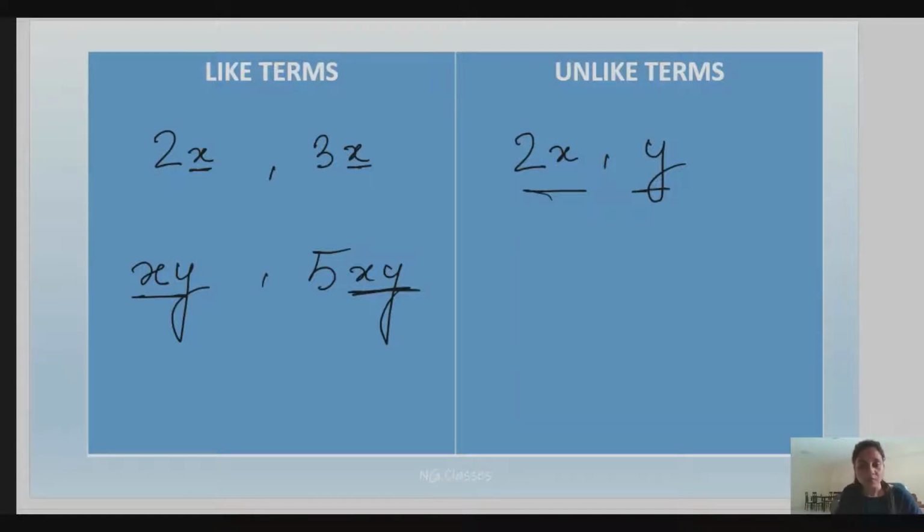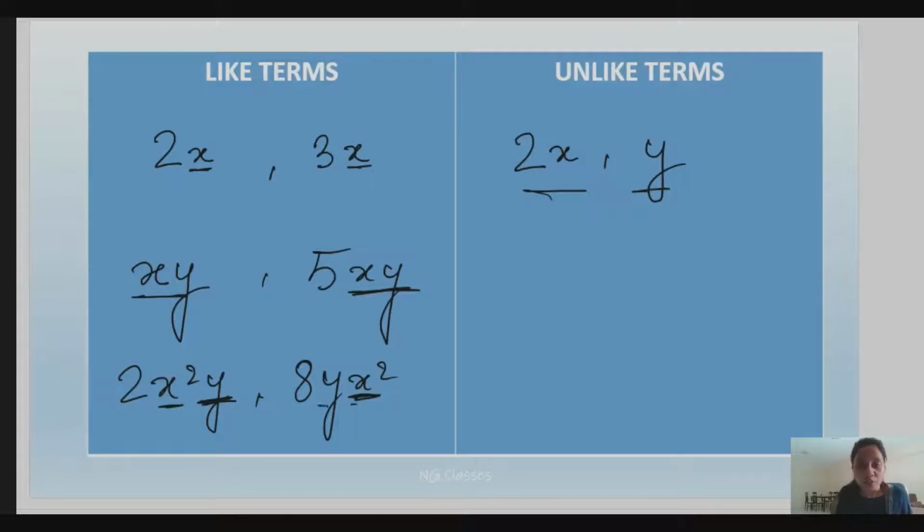Okay. Suppose we are having twice x square y and 8y x square. We have to check whether these two are like terms or not. So check the variable carefully. Here x is having power 2. Now for the next term, I can see x is having power 2 only. Now here y is having power 1.